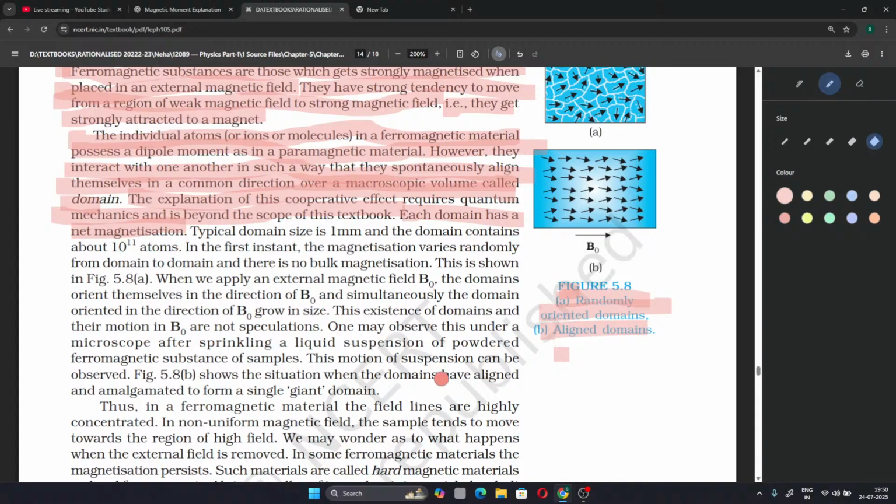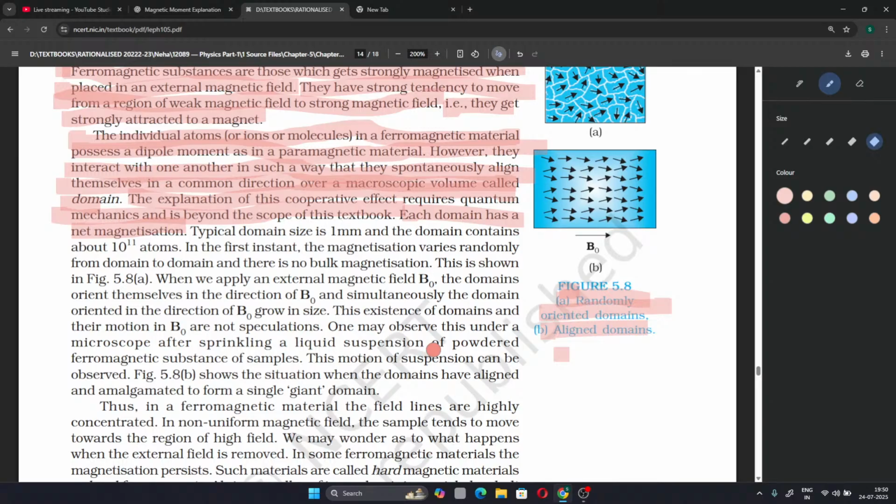Okay, let's read that paragraph again. They're saying there are individual atoms or ions or molecules. As in any material, these ferromagnetic materials also have molecules and ions, and each of these ions possesses a dipole moment like in a paramagnetic material. However, they interact with one another.